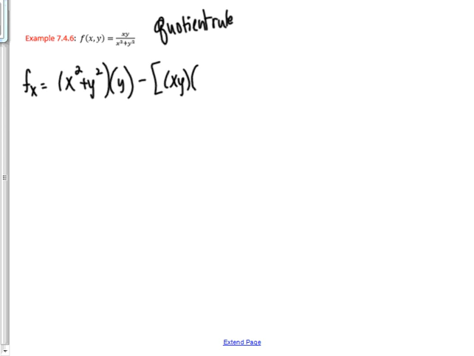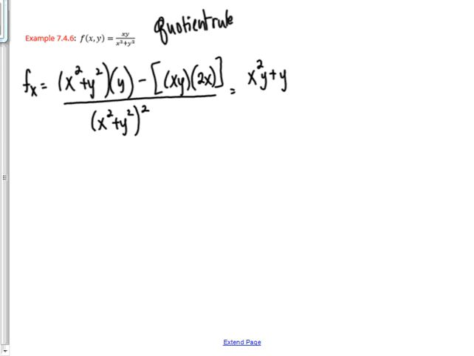The derivative of the bottom with respect to x is just 2x, over the low squared. So if I distributed that y, I get x squared y plus y cubed minus, if I multiply that, I get 2x squared y over x squared plus y squared squared.